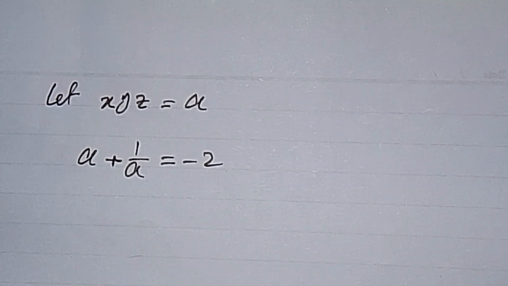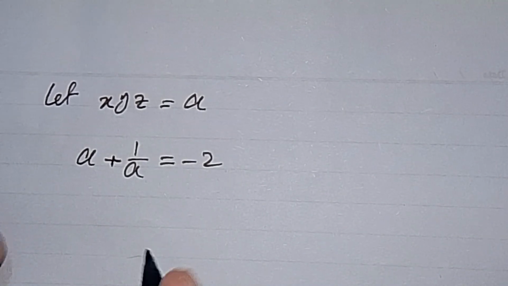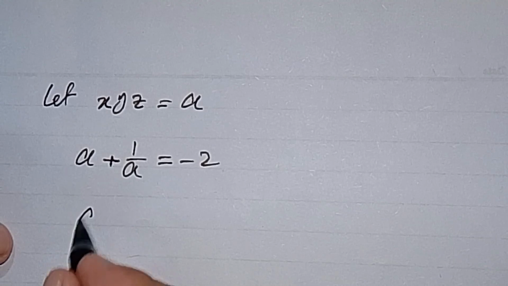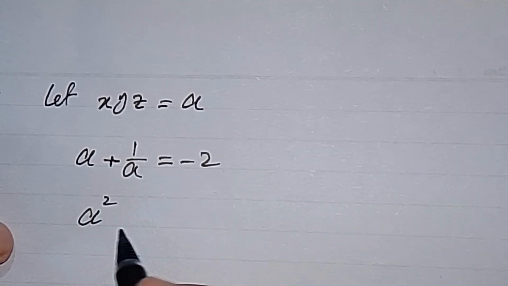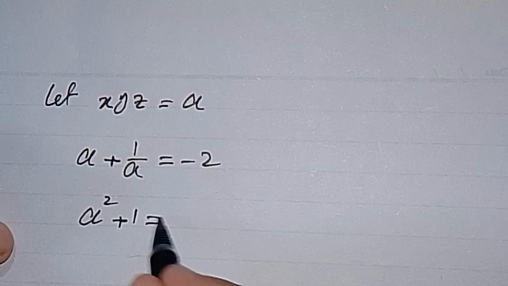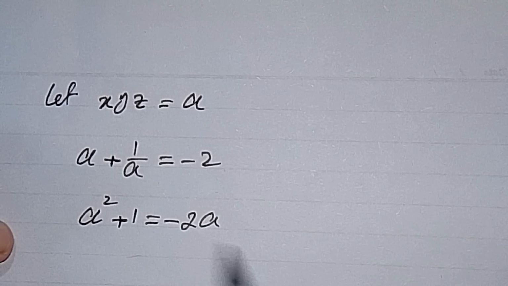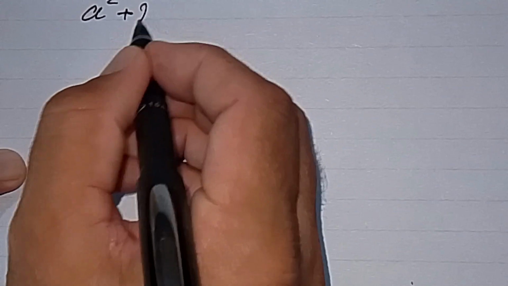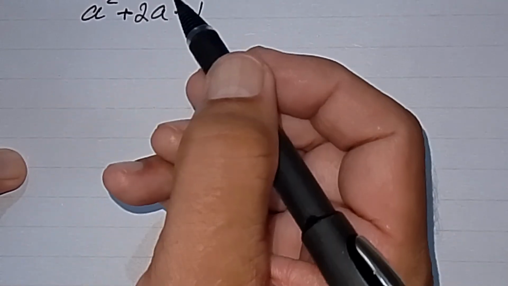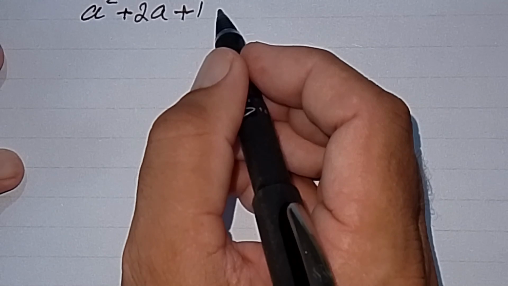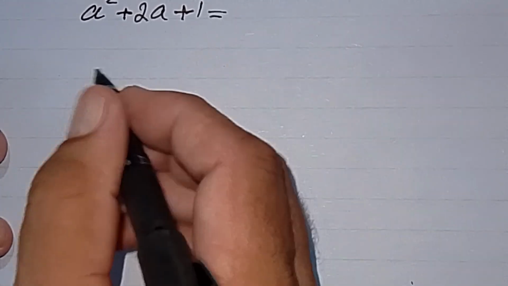Here we rearrange taking LCM, then a square plus 1 is equal to minus 2a. Now a square plus 2a plus 1 is equal to 0.